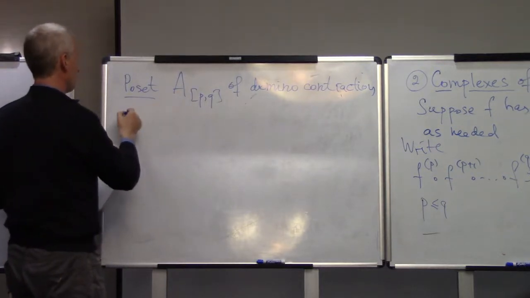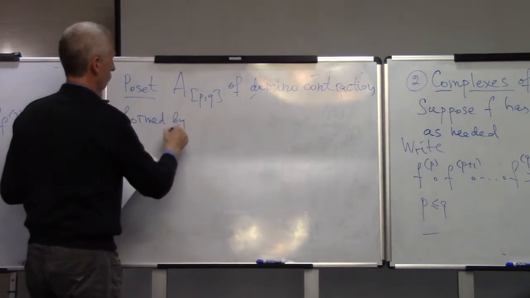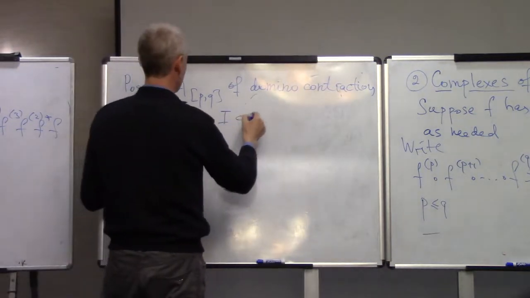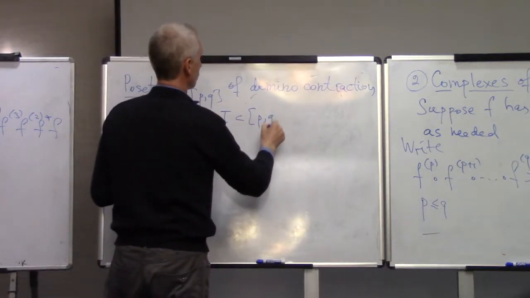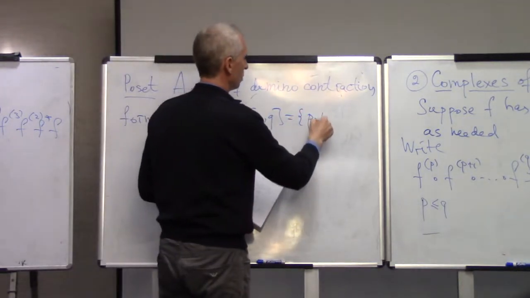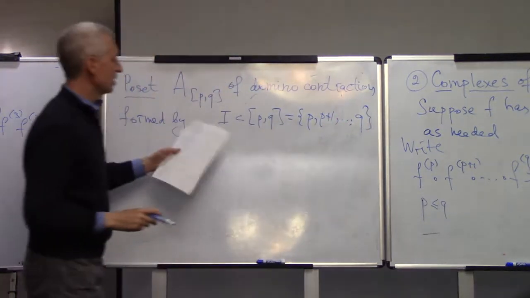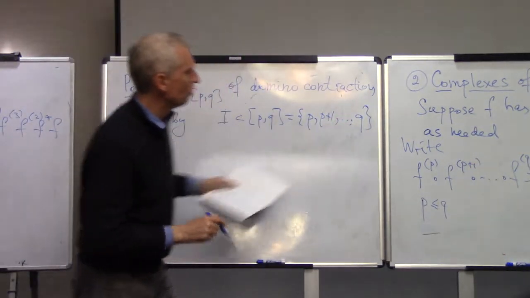It is formed by subsets I inside the interval PQ, which is simply the set of integers between P and Q, P plus 1, up to Q, obtained by subsequent deletions of dominoes.